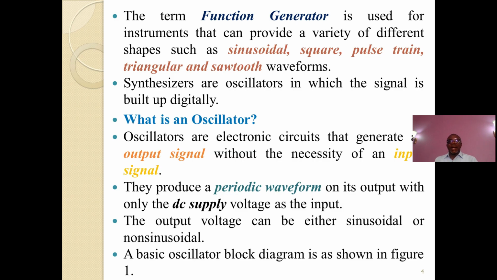The term function generator is used for instruments that can provide a variety of different shapes of waveforms, such as sinusoidal waveform, square waveform, pulse train, triangular, and sawtooth waveforms.